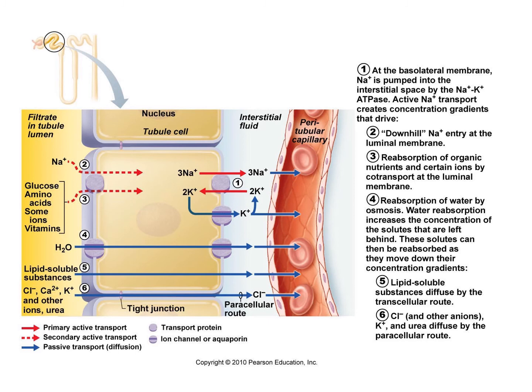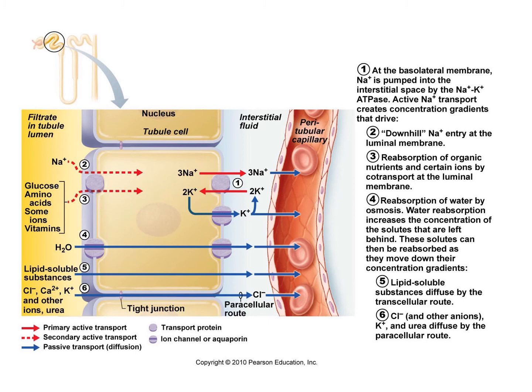If substances are lipid soluble, they're going to be able to cross cell membranes without any assistance, so you'll see these lipid soluble substances moving in. You will see some ions and urea moving by the paracellular route, in between cells right here. So this is how a lot of the reabsorption occurs.